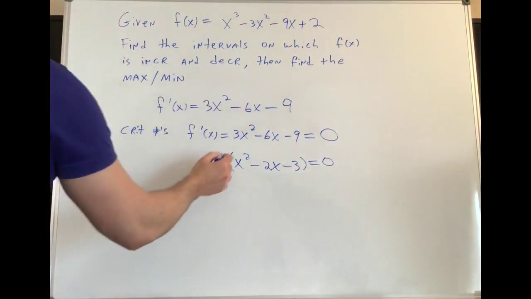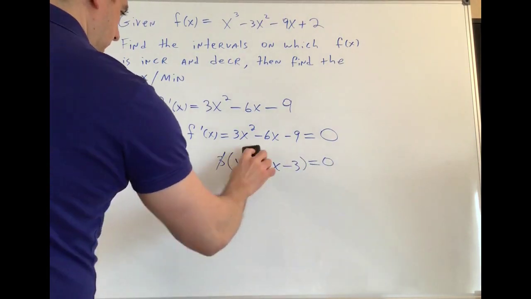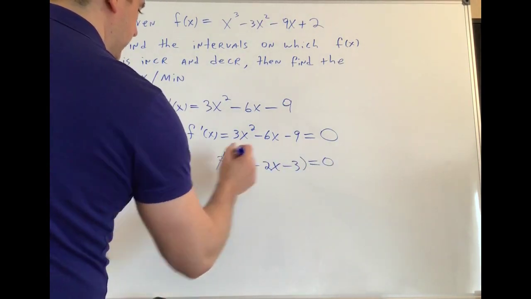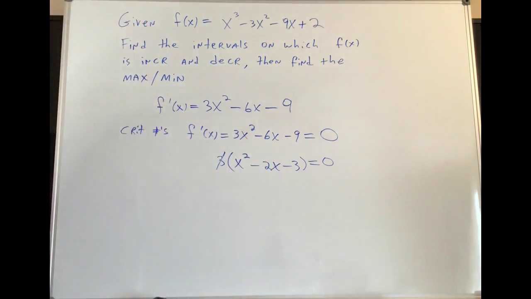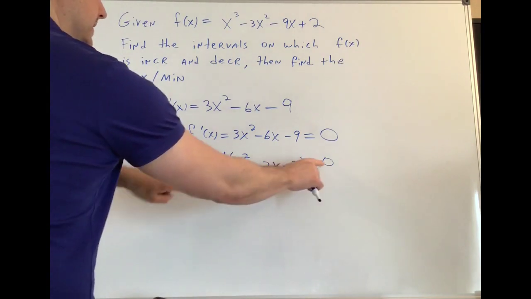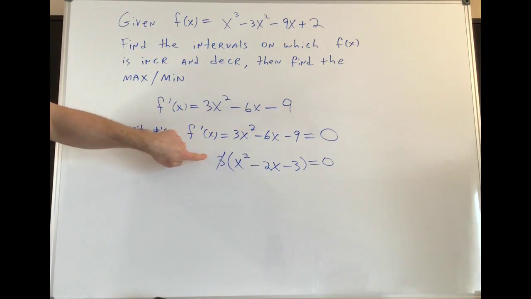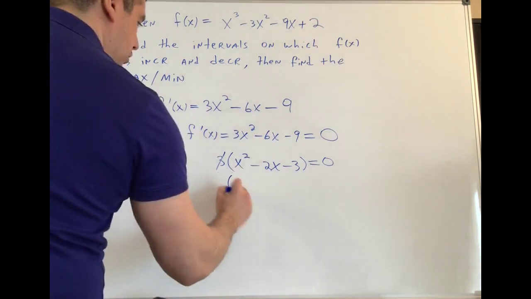And I don't really need it there, 3 is not equal to 0. So x squared minus 2x minus 3. Cross this out. The product of two things is 0, so one of them must be 0. This isn't, so I can cross it out.